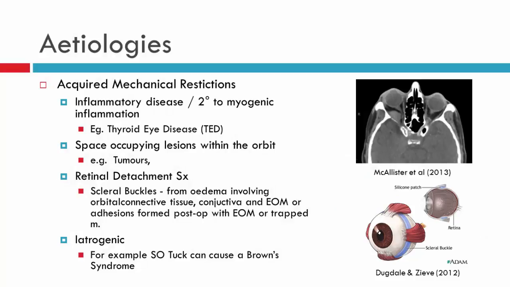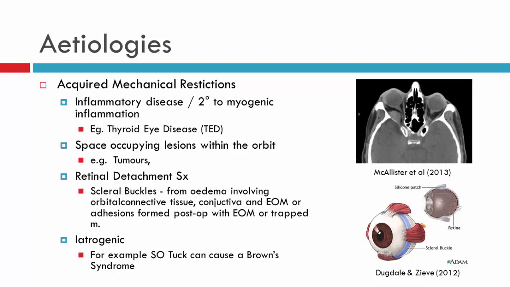Or what can also happen, post-operatively adhesions are formed with the extraocular muscle and the scleral buckle, and we end up having restricted eye movements. The buckle itself could also trap a muscle, in which case this will cause a mechanical restriction.